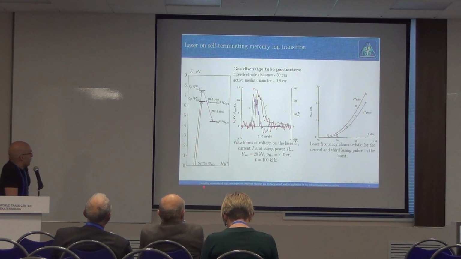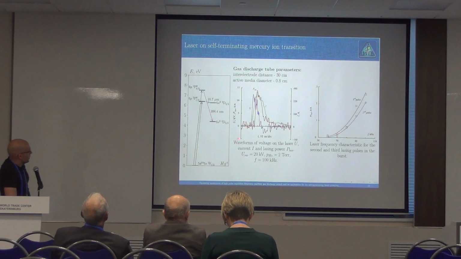One of the advantages of the mercury vapor laser, there are few of them, is that its level diagram is similar to the copper atom diagram, and that's why we hope it could give rather good results for this laser.